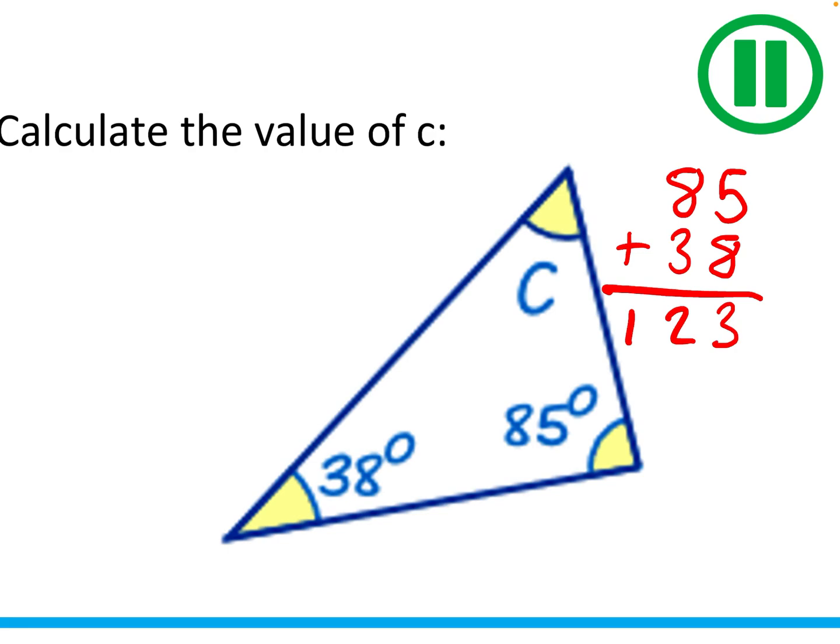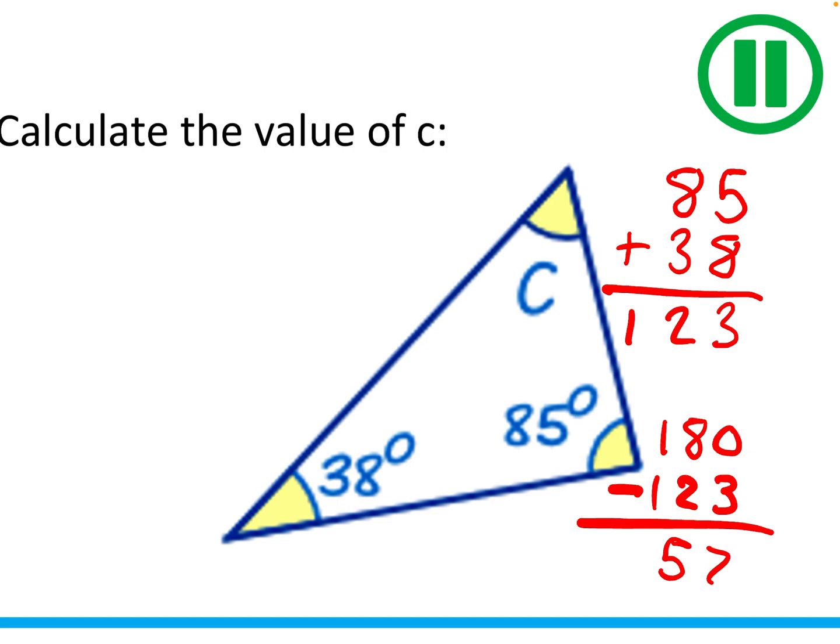So if we carry that out, we get 123. And I also know that a triangle's total interior angles, so all 3 of those angles, are going to add up to 180. So if I know what those 2 are adding up to already, I can now do 180 minus 123, and that equals 57.